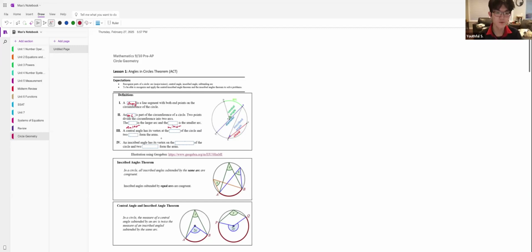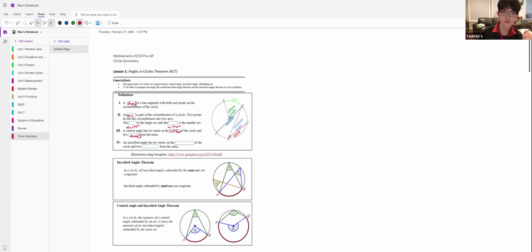A central angle has its vertex at the center of the circle, and 2 chords form the arms. Or you can say 2 chords form the arms, but they're also radii, right?